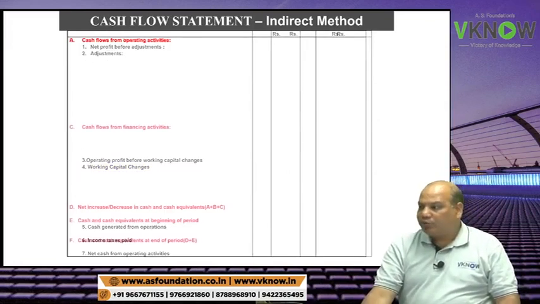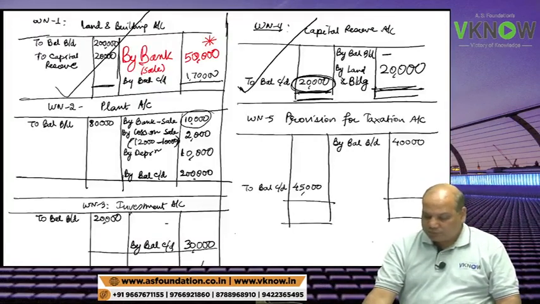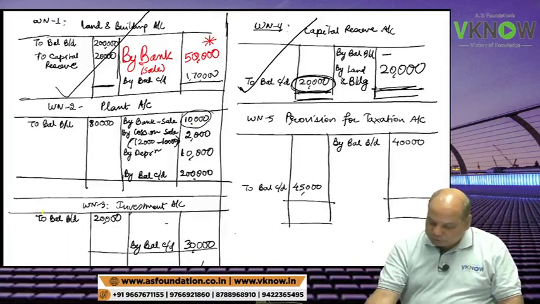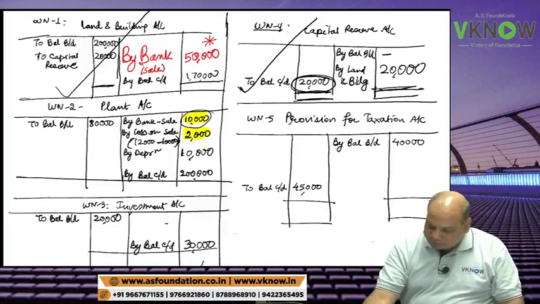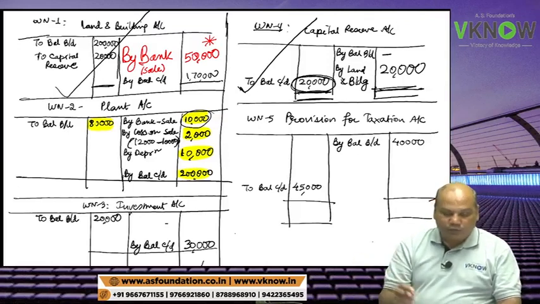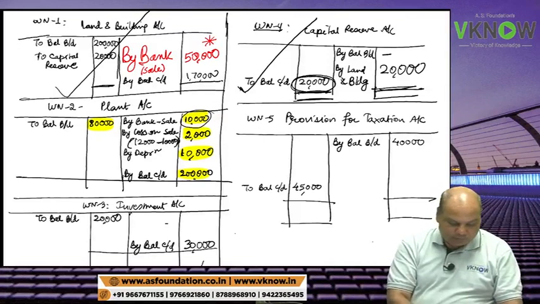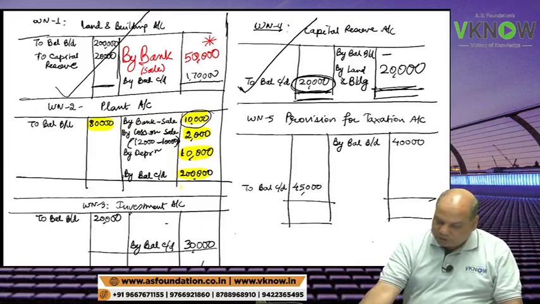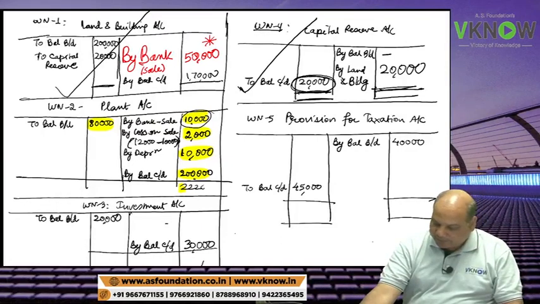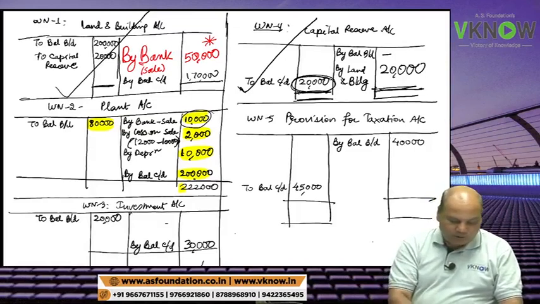Now I will come back to plant and machinery account and see if it is tallying or not. So take the total of the credit side and minus the debit side. That will give you the difference on the debit side. I will also try. You will also try. All of us will try. So credit side total is 2,22,000 minus 80,000.